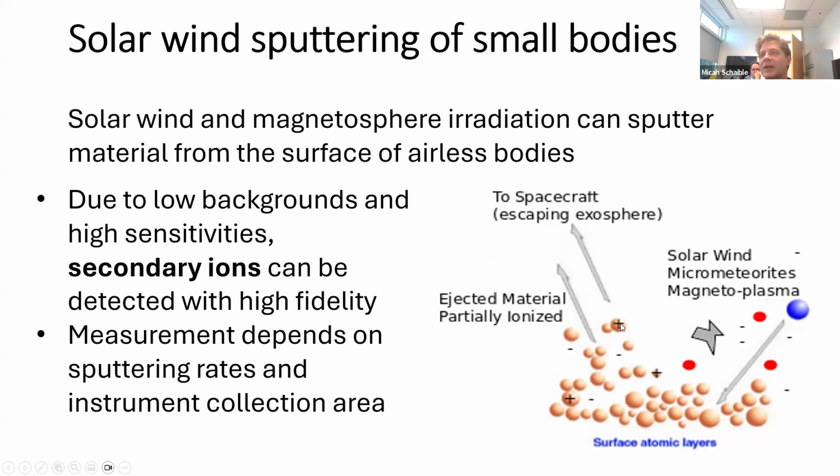Those are the sputtered secondary ions. Those sputtered secondary ions can be detected with very low backgrounds and high sensitivities using secondary ion mass spectrometry, which I'll talk about a little bit more.